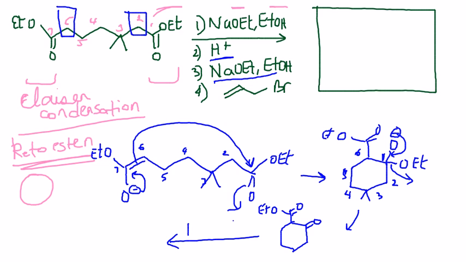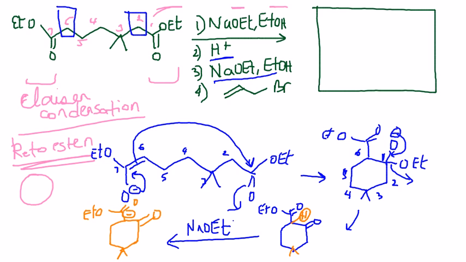So now when you treat it with sodium ethoxide, you're going to get rid of the most acidic hydrogen, which is right here, the one in the middle, and you're going to end up with the anion. Of course, the two methyls are still there.